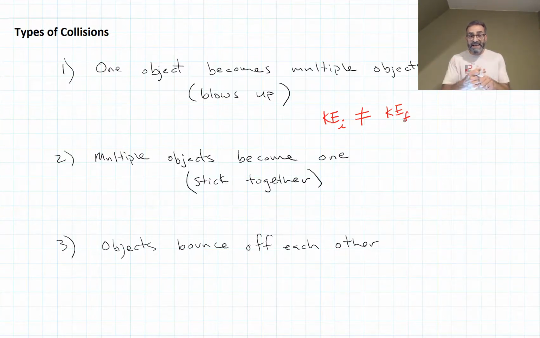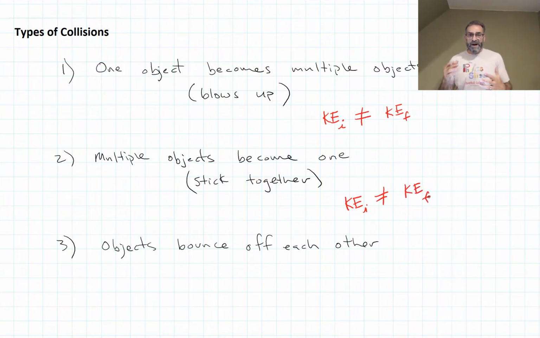If cars collide, metal gets bent, and the bending of metal breaks bonds and takes all kinds of energy and transforms it into types that we can't account for anymore. So the kinetic energy before the collision is not the same as the kinetic energy after the collision.